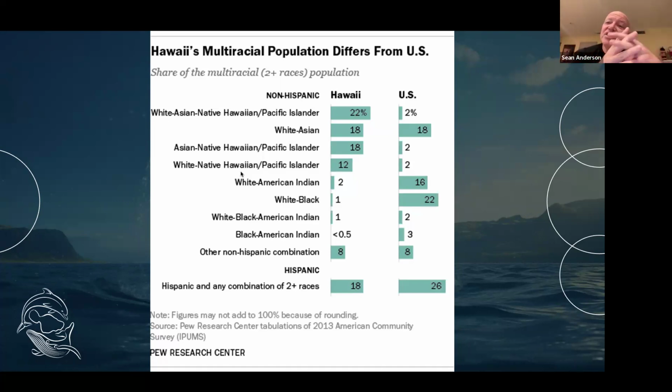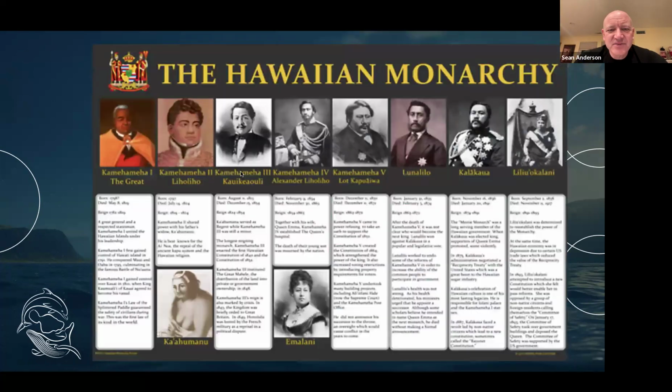And so major ethnic groups, in addition to the Polynesians, include the people from the Philippines and Japan are very, very common, and other parts of Southeast Asia, in addition to people from North America and Europe and other places like that. So not only are we sort of isolated, we really are this funky mixing area that began over 300 years ago, and has continued to progress as we go through.